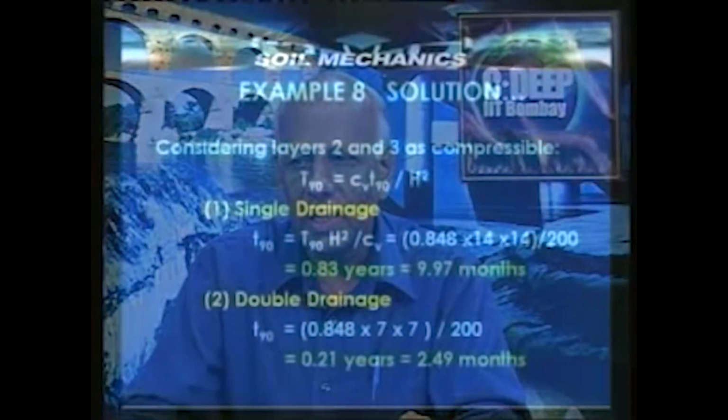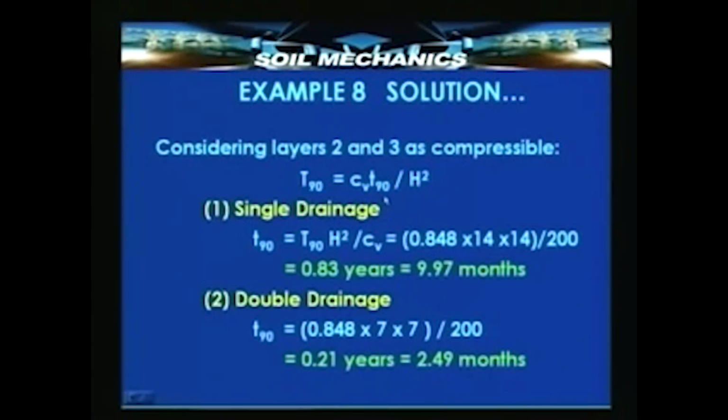Accordingly, we know there is a formula for T90 equal to Cv t90 upon h square, and T90 from theoretical computations in one dimensional consolidation theory comes out to be 0.848, as we very well know.